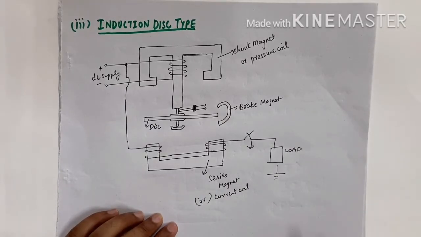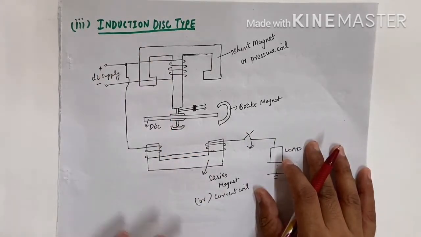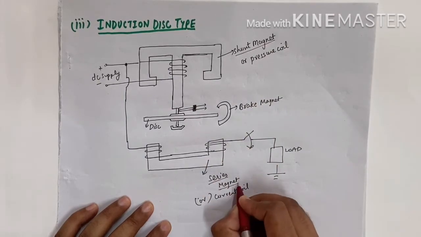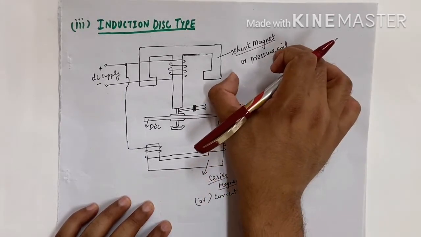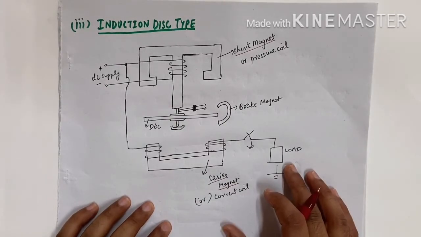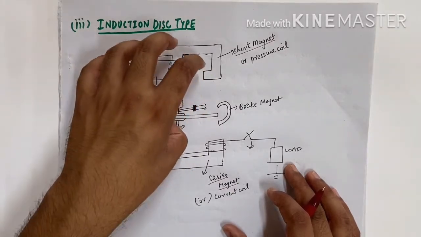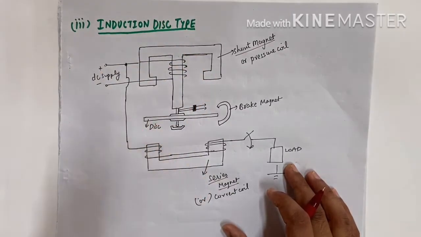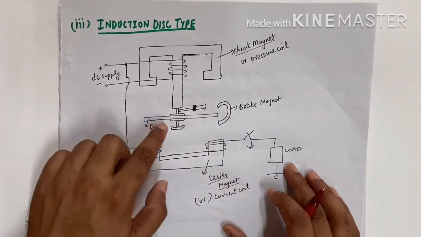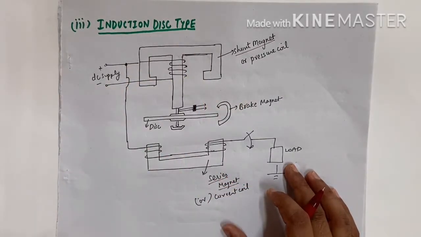Now see what is happening here. In this we have two magnets. First is the shunt magnet and second is the series magnet. On the shunt magnet the pressure coil is placed, on the series magnet the current coil is placed. The flux produced by the shunt magnet and series magnet under normal operating conditions will not disturb the disc and flap circuit.